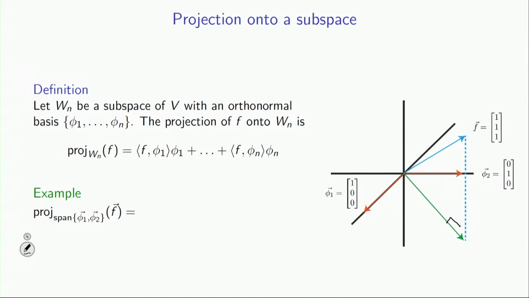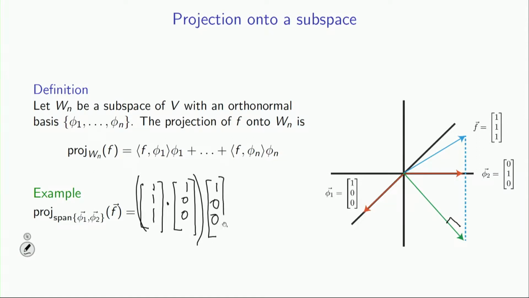Now, we start with our vector f, which has coordinates 1, 1, 1. We dot it with the first of the basis vectors, phi 1 say, which is 1, 0, 0. And we apply this dot product to the first basis vector, 1, 0, 0. That's the first projection, and now we just project on the second one.